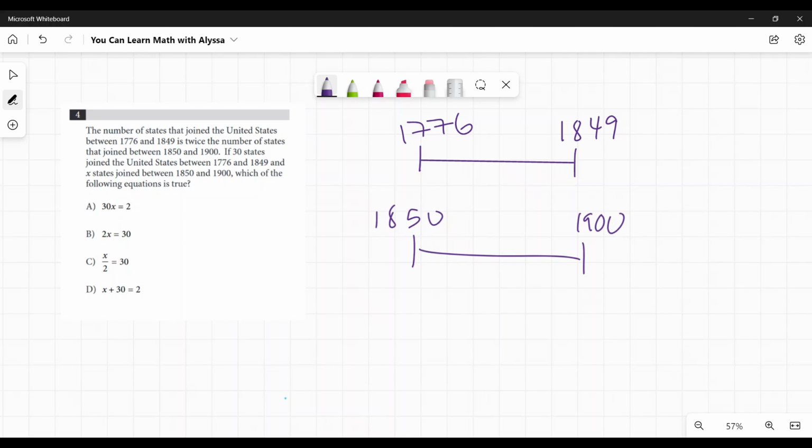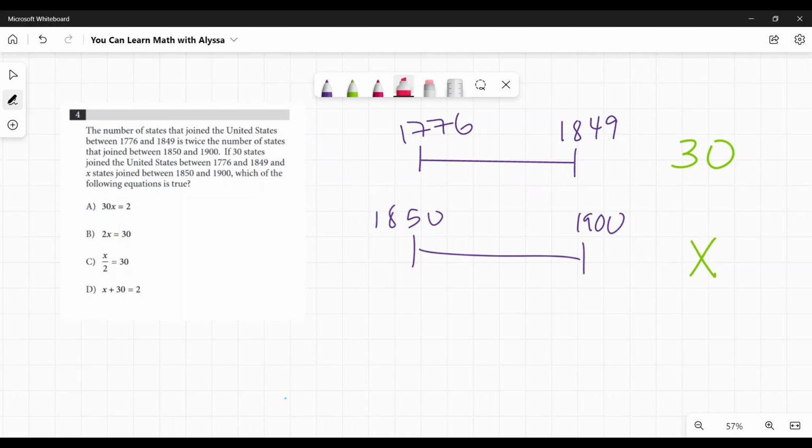Now, they're telling us 30 states joined in this time. It's okay, so we'll write that. 30 states joined in this time. Then they also say X states, an unknown number, joined in this time.